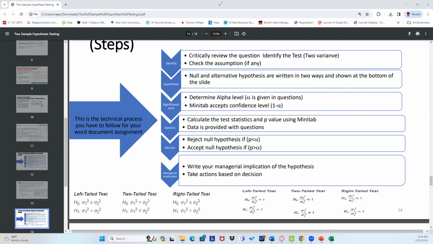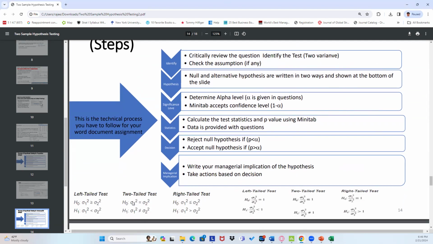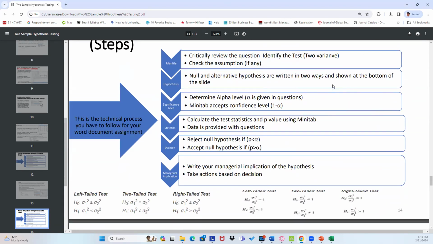Now we come to the third part, which is variance or standard deviation. Here is how standard deviation is given: standard deviation of 1 divided by standard deviation of 2 equal to 1.